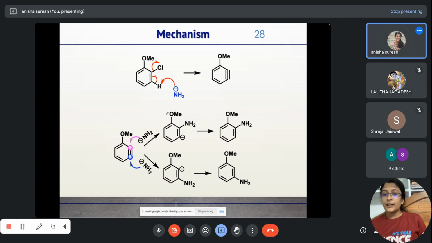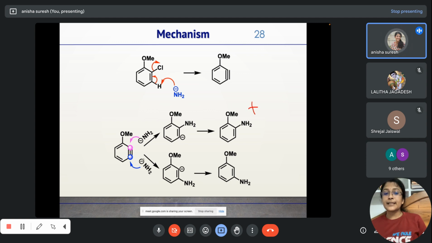And also, since OMe is present, the attack of NH2 minus from this ortho position will be less feasible because of steric effect from this OMe. And also this negative charge that will be formed after adding of this NH2 minus cannot be neutralized by this OMe as it is far away. So this product will be less feasible.